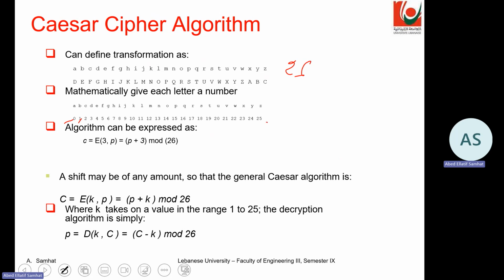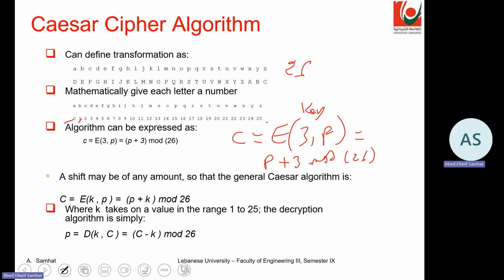If we want to express the Caesar algorithm using this, each letter is represented by a number, and then the ciphertext equals the encryption of the plain text shifted by 3. Here 3 is the key, and p is the plain text, so the ciphertext equals p plus 3 mod 26.